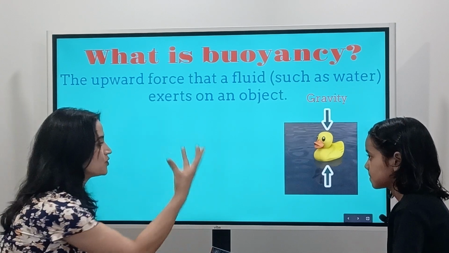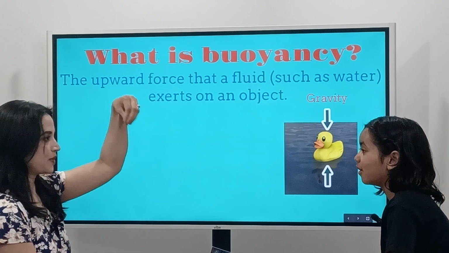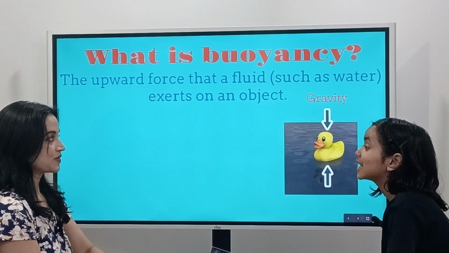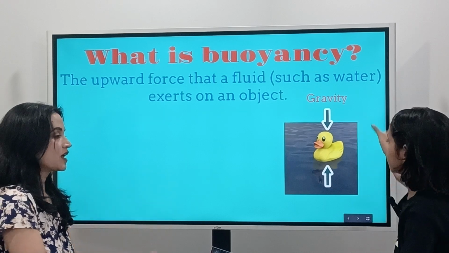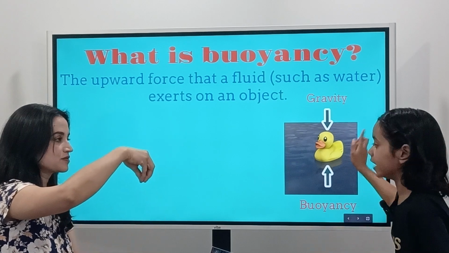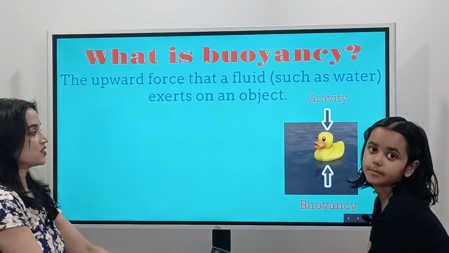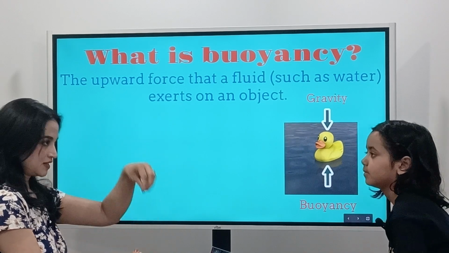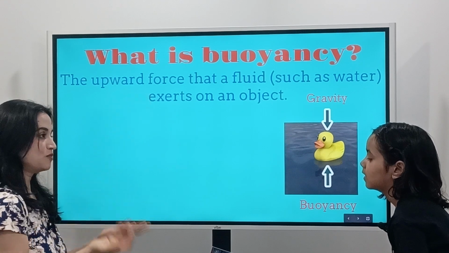What do you call that up force? Buoyant force. This is gravity, this is buoyancy. Buoyancy means up, and gravity means down. So the down force is called gravity, and the pulling up force is called buoyant force.